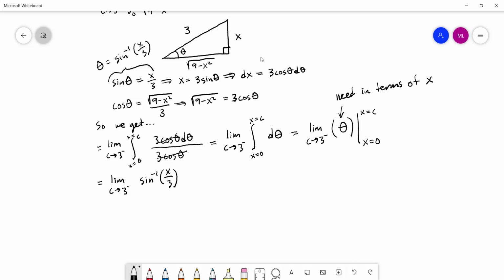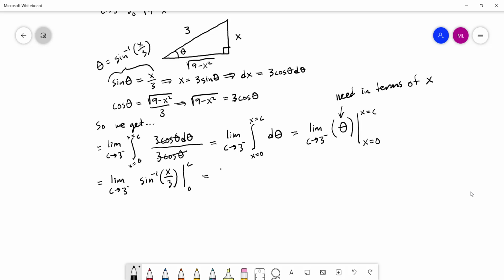So that's what theta is equal to, and now I'm done with theta, and I don't have to keep writing the x next to these bounds of integration anymore, because now everything is in terms of x. Okay, so here's what the mess looks like. We will plug in those bounds and then take our limit.